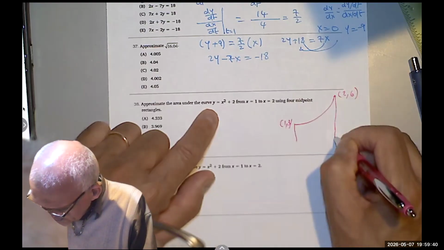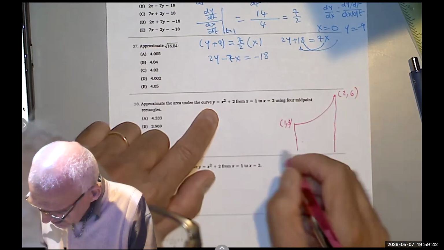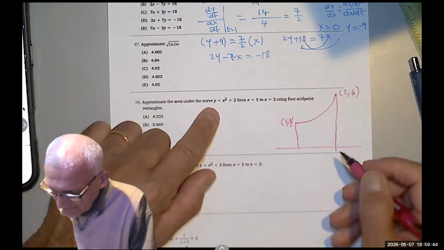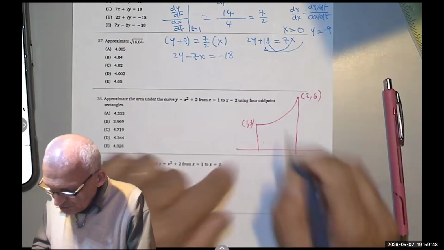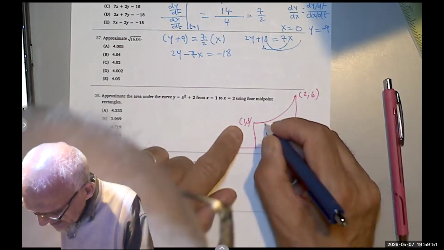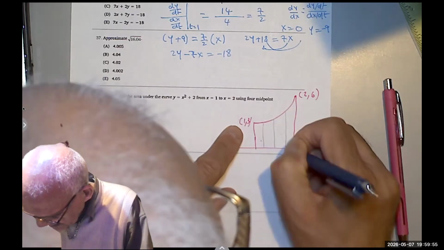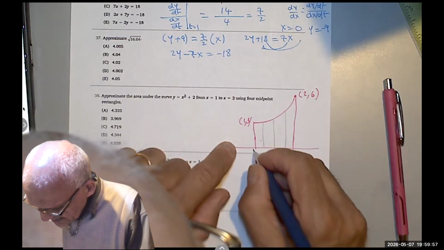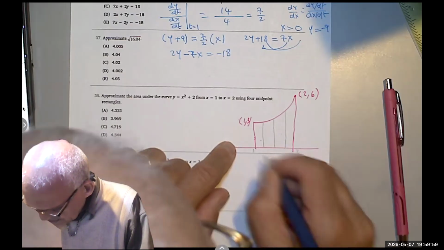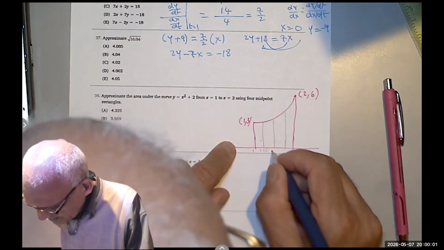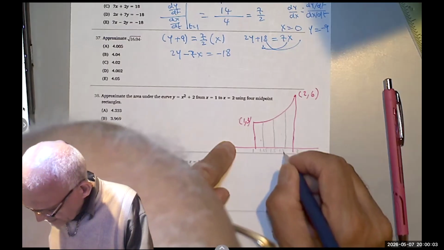And I want to find this area using 4 midpoint rectangles. So again, to have 4 rectangles, I have to make 1 rectangle, 2 rectangles, 3 rectangles approximately. So if this is x equals 1 and this is 2, that would be 1 1/4, 1 1/2, 1 3/4.